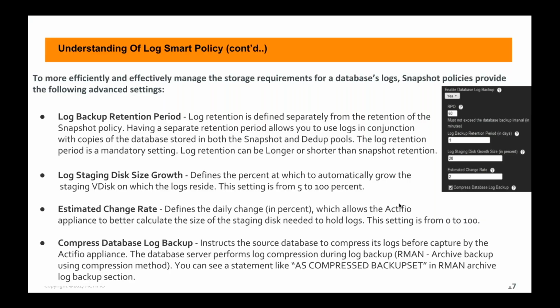When we are compressing it and keeping it on the log staging disk, the size is going to reduce a little bit compared with the traditional size. If you are generating more archive logs and you feel that you want to compress because you can save some space at the log staging disk at the Actifio side, you can enable this compression and save it. The next time you run the archive log backup, all the subsequent archive log backups, we are going to compress and save the copies onto the log staging disk.